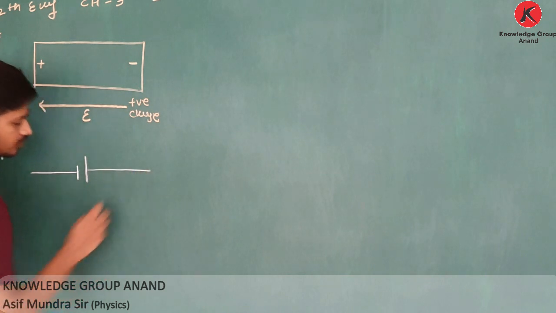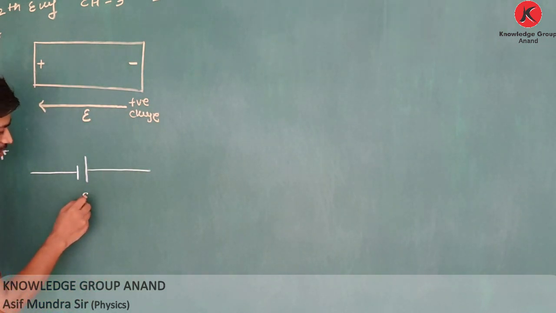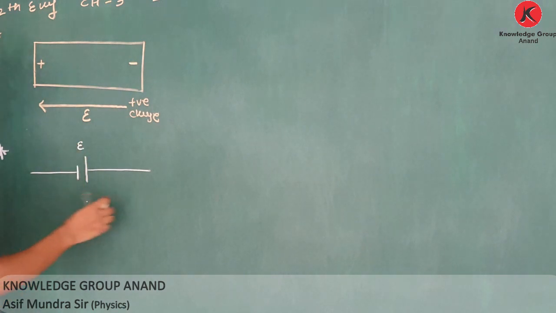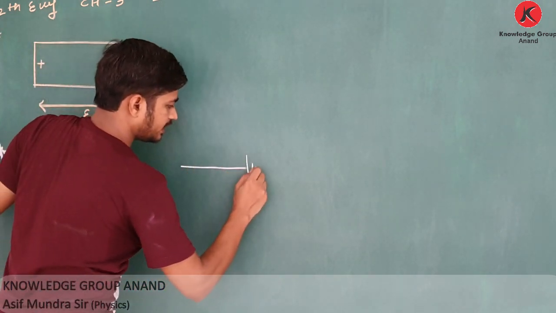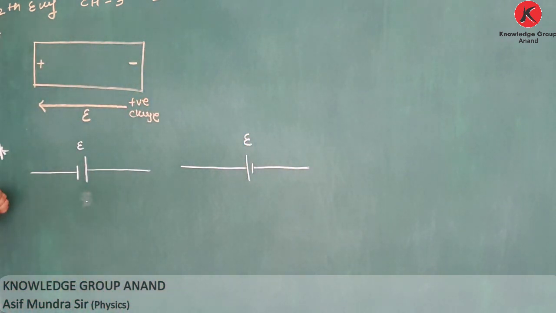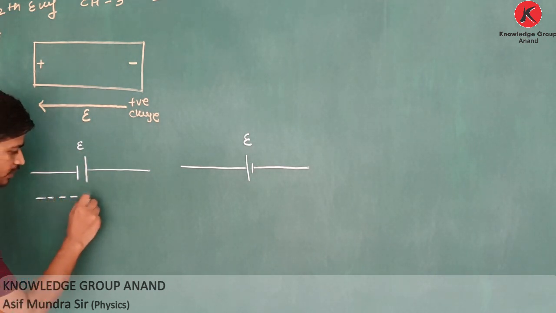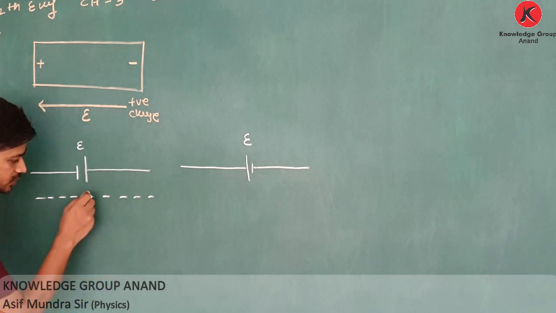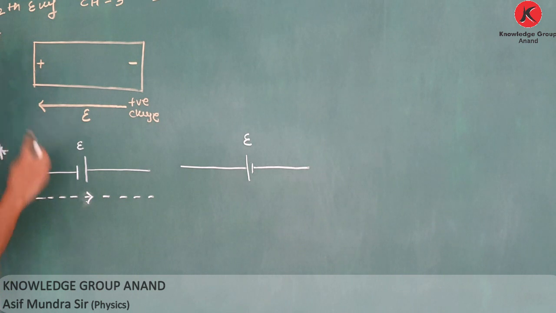Let it be a cell having EMF E. Here is another situation, its EMF is also E. Now, if in a network we consider any loop and we are following that loop, it means we are moving on that loop. It is a cell having EMF E. Our loop is such that we are moving in this direction. It is our path.